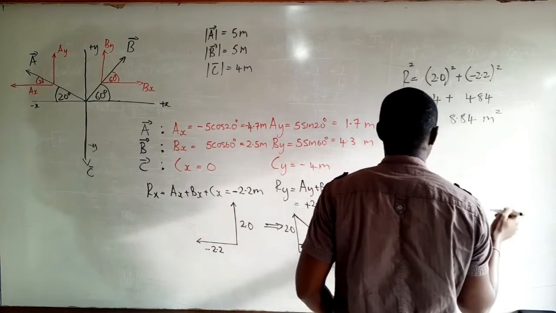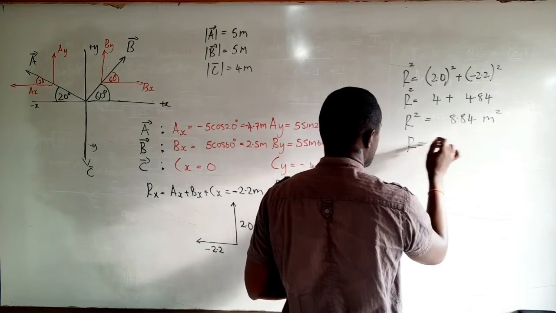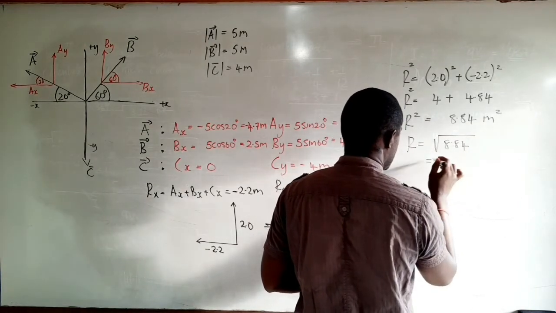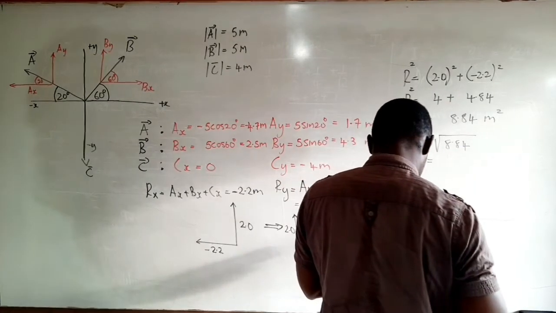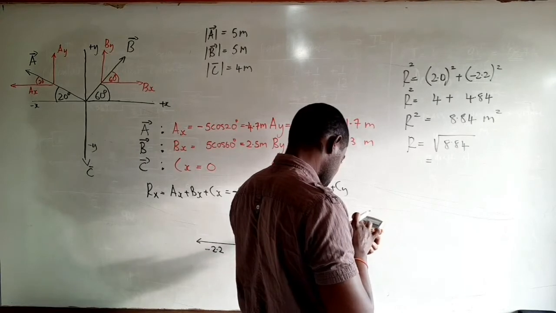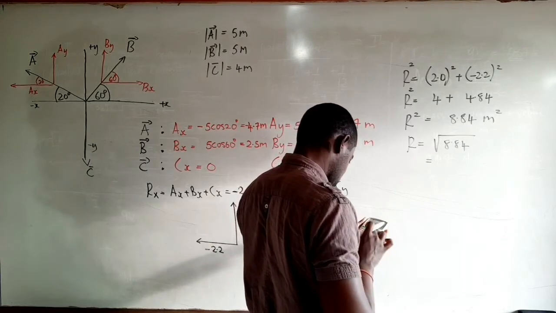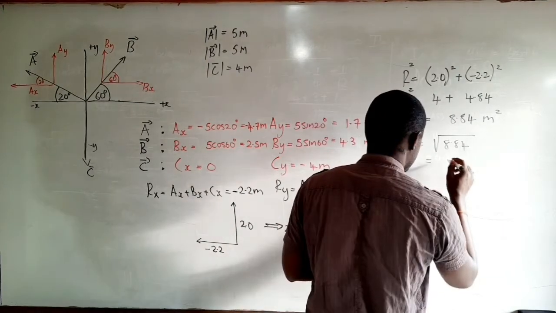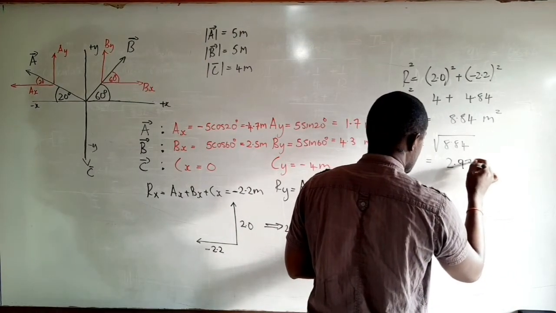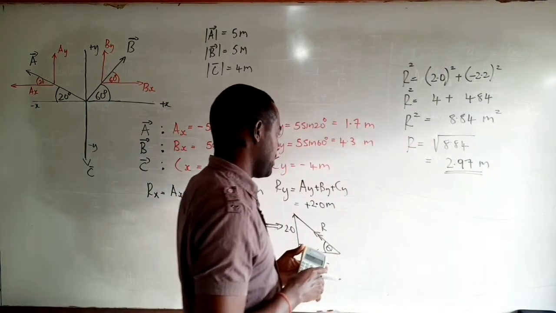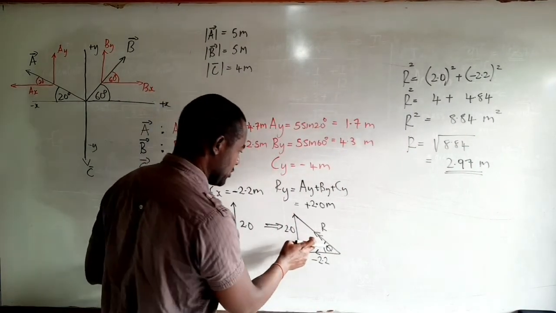This of course will be meters squared. And so r is equal to the square root of 8.84, which gives us 2.97 meters. Right?